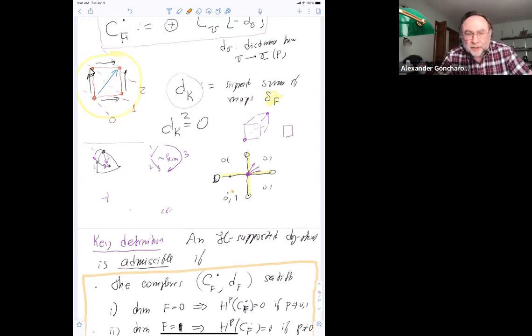If you take the cone of any of these maps, like this one, or this one, or this one, you will see your microlocal support sitting here, here, here, and here. And we postulate that these microlocal supports are not a complex, but just sit in degree 0. And then if you take the total cohomology of this complex, we say it must be 0. This means that there is no microlocal support sitting at just this point.